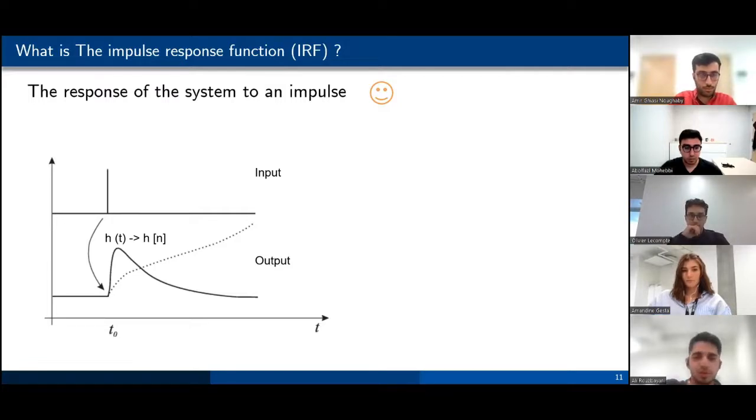When we give the system an impulse as its input, we can observe the output as it unfolds through time. This gives us something like a fingerprint of the system from which we can gain a lot of information.